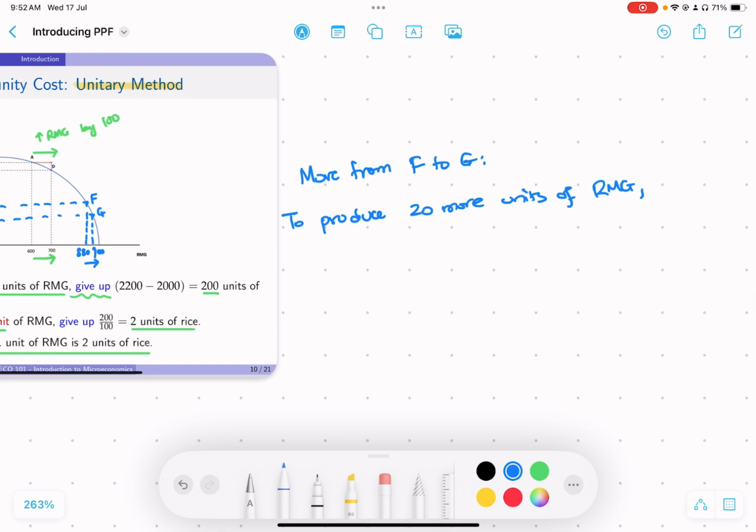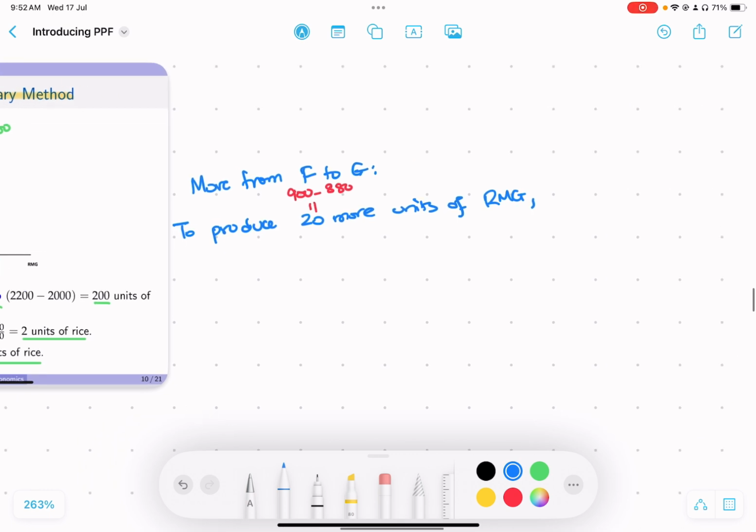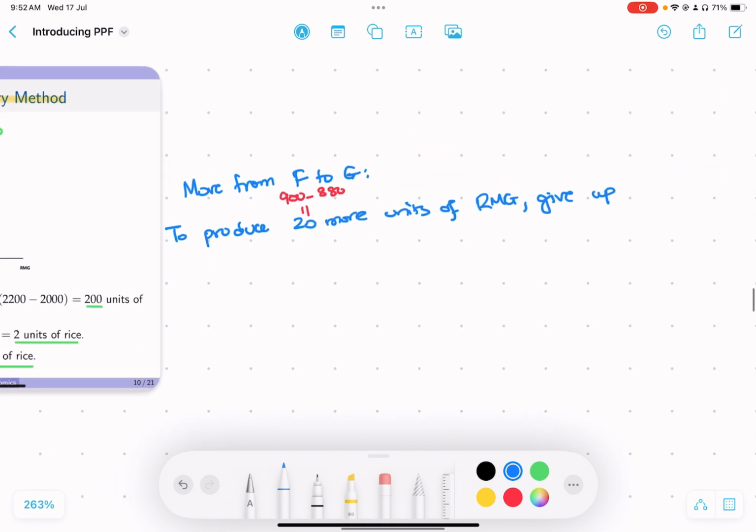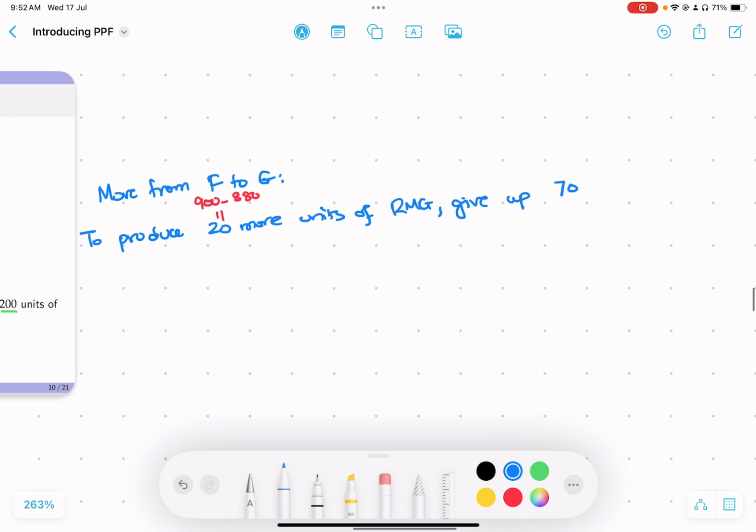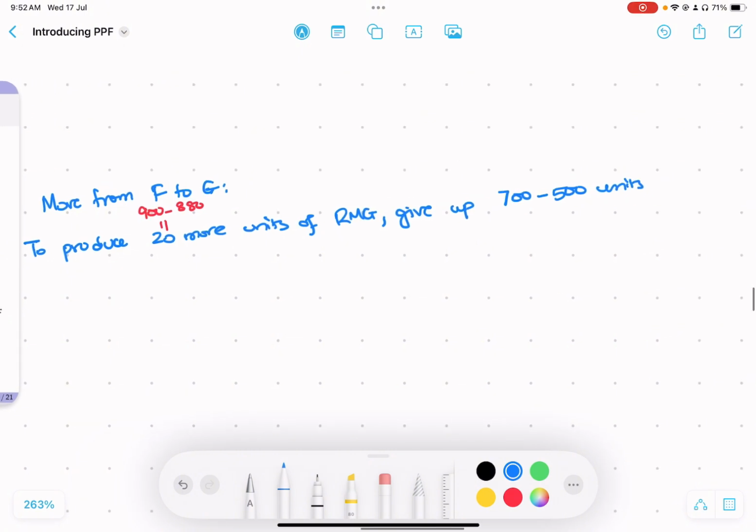তোমার এখানে মেনশন করতে হবে যে 20 more units কোত্থেকে আসছে, right? 20 more units essentially means 900 minus 880. So to produce 20 more units of RMG, how much is the economy giving up? You're basically giving up 700 minus 500, let's say, units of rice, right?